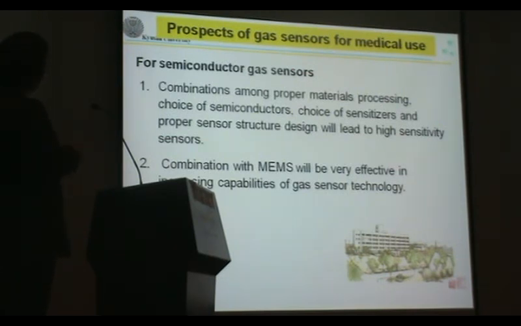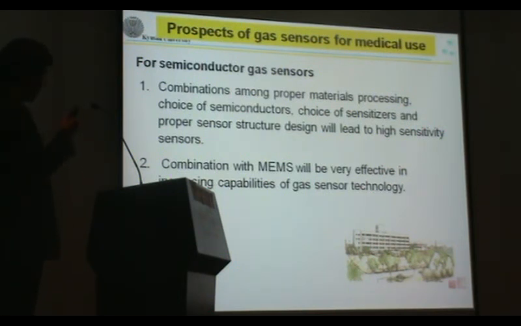I would like to conclude my presentation. For semiconductor gas sensors in the medical field, we must give the solution from two points. One is that the sensor material should be optimized.